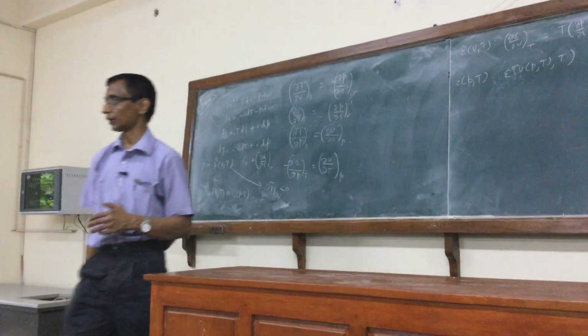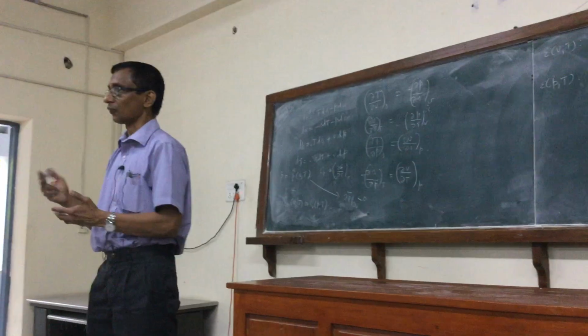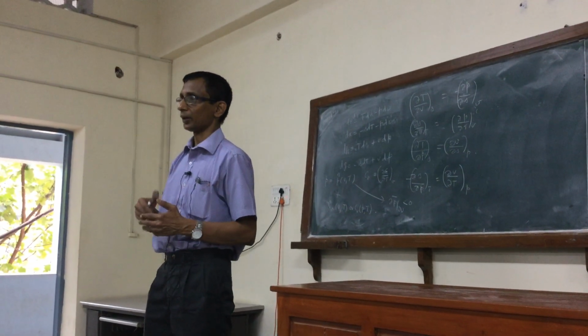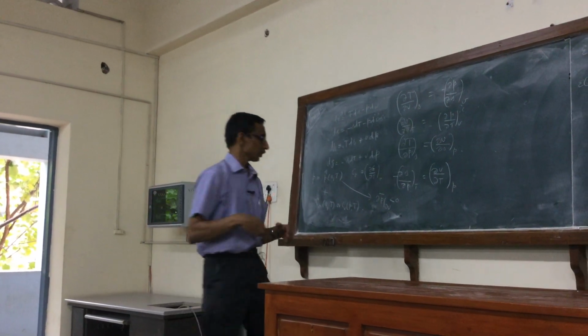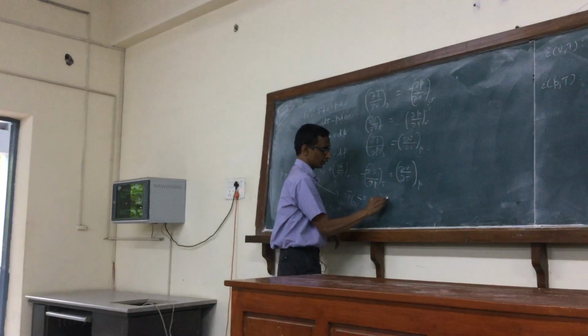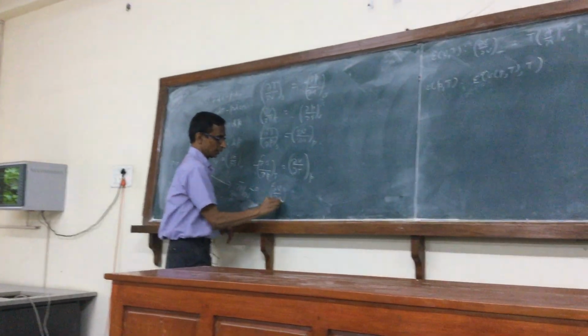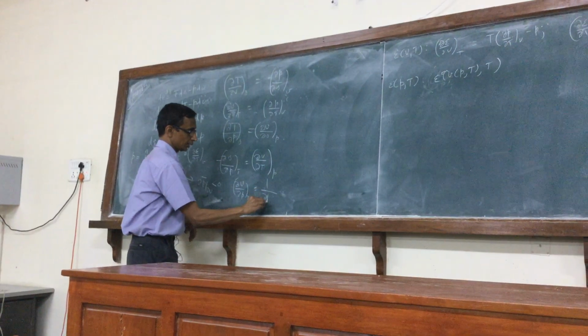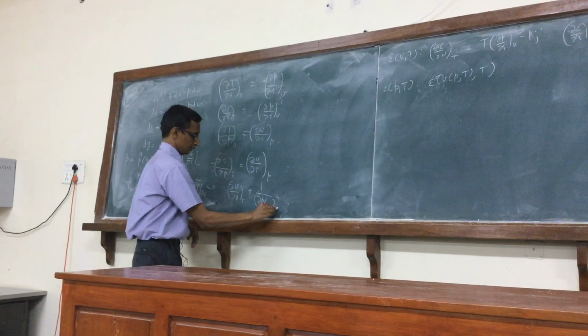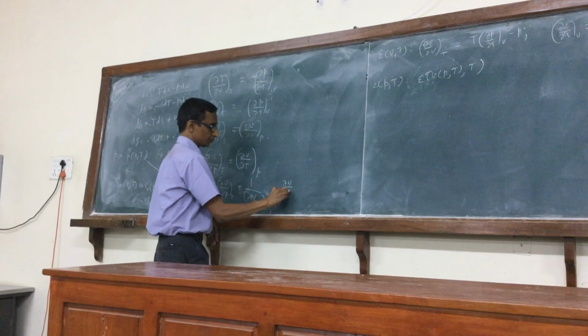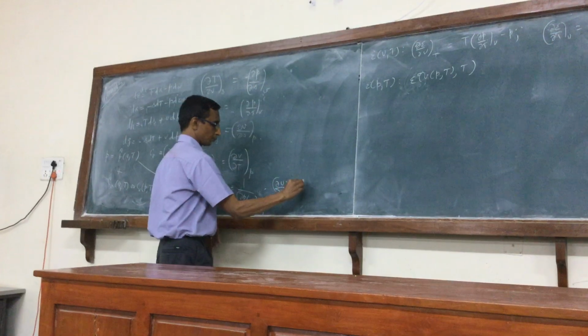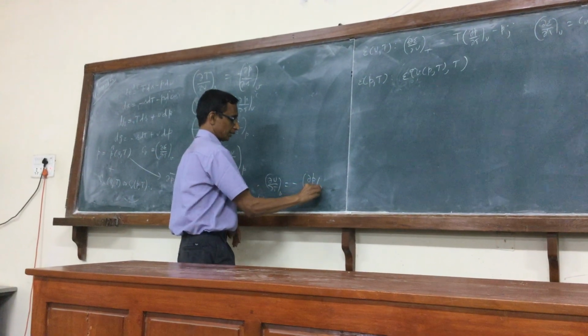Basically it's not equal to 0. So that V can be inverted in principle, expressed in terms of P and T, and further the inverse function theorem would give that dV by dP at T is 1 over dP by dV at T, which is minus dP by dT.